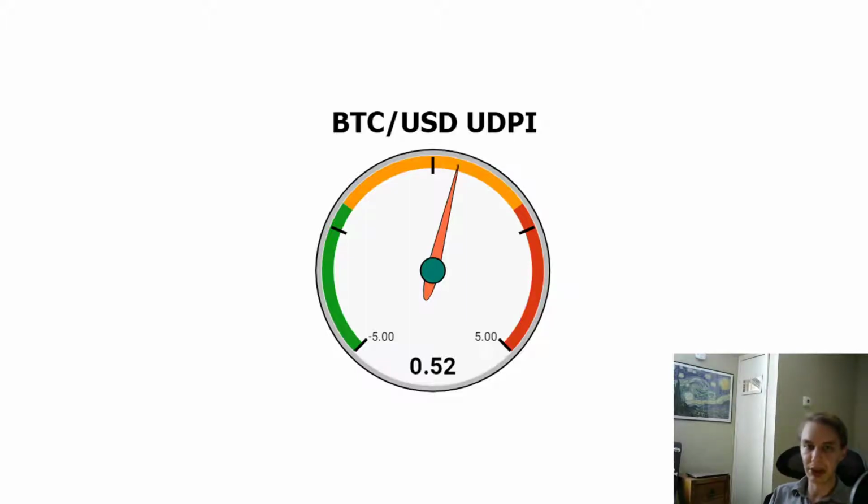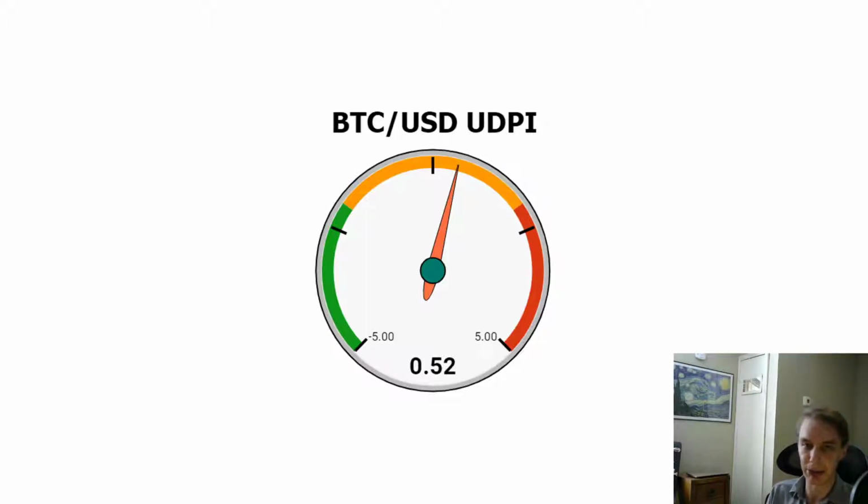Really what it's suggesting is that, assuming we are in a bull market, which everything kind of looks like we are, Bitcoin still has quite a far way to run before it would really get kind of scary, before the downside potential would really start to outweigh the upside potential. So if we are about to head into a bull run, there's quite a lot of leeway for Bitcoin to run, potentially, if we take what this model is saying as being true.